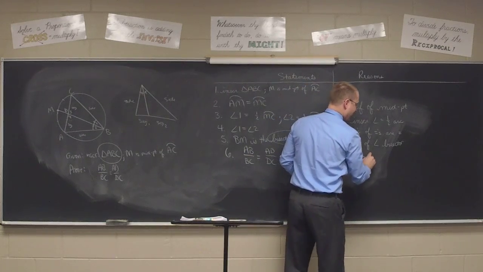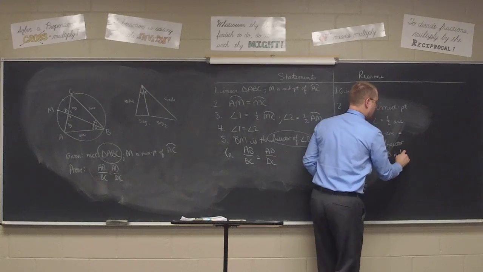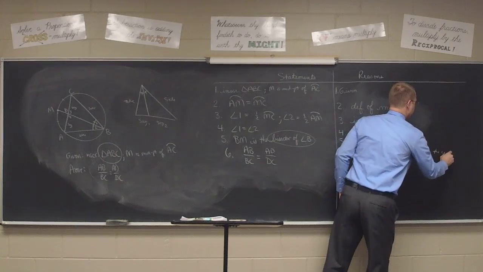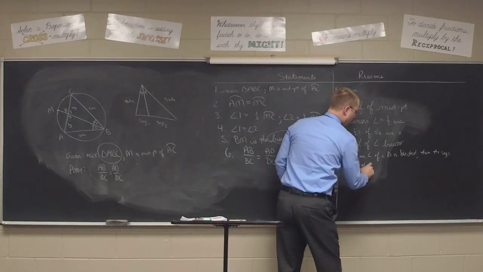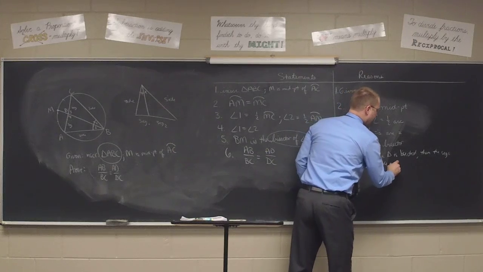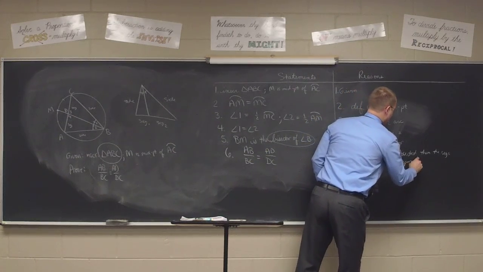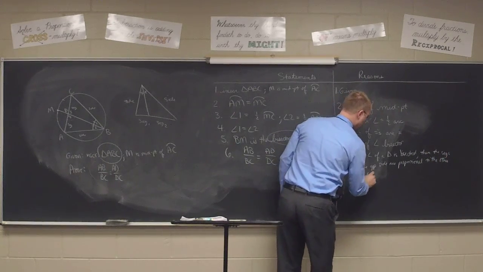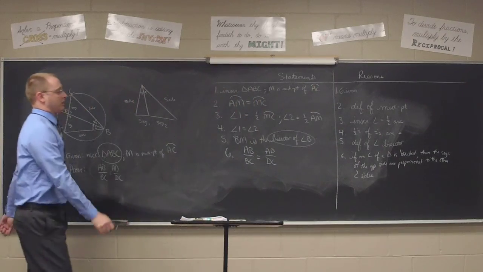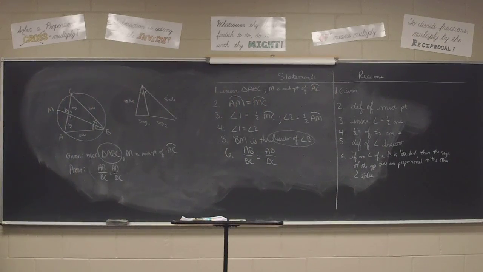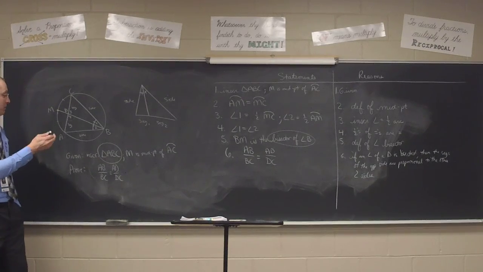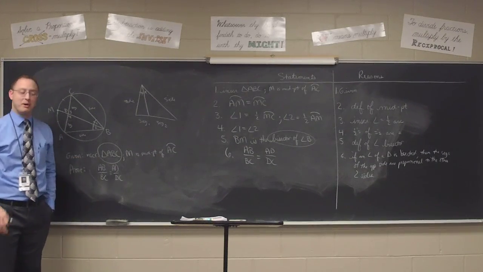Because if an angle of a triangle is bisected, then the segments of the opposite side are proportional to the other two sides. And this is really the only time this entire year we're going to do a proof where angle, similar triangle, CSSTP doesn't work. But I wanted you to at least see it.